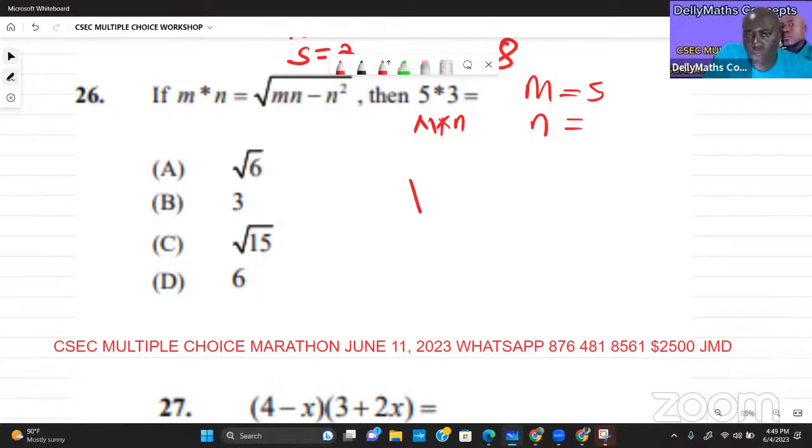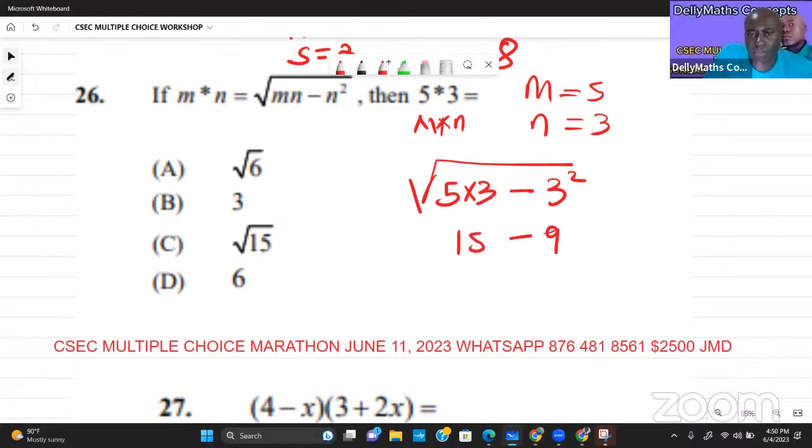So then the root of Mn, so it's going to be 5 times 3 minus 3 squared. So it's 15 minus 9 square root. 15 minus 9 is 6. So we're looking for the square root of 6.